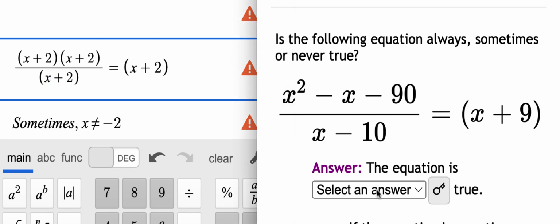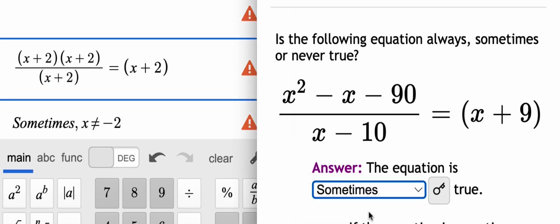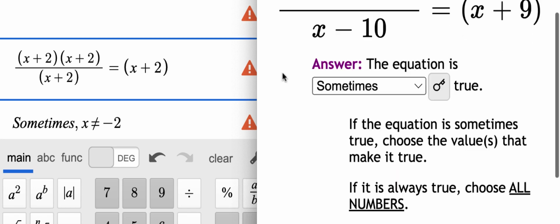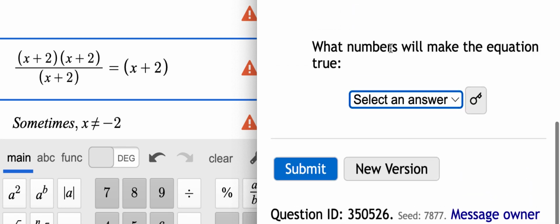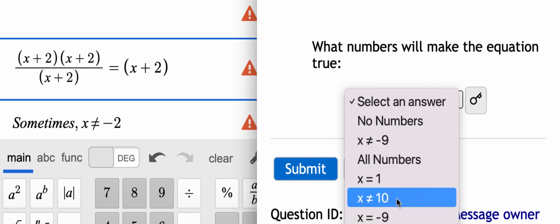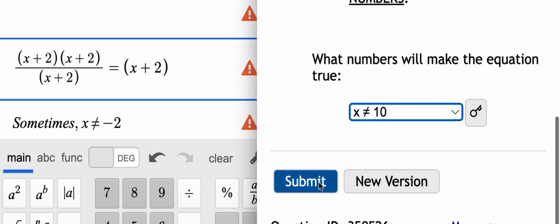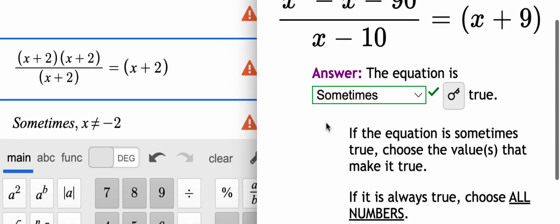So as you look at the choices on this list, I would say that yes, this is going to be sometimes true, only because I have an x in the denominator. Then I have to ask, what is the criteria for x that's going to ruin it or not work mathematically? x cannot equal 10. So you're going to say on this list that x cannot equal 10, and that would be this choice right here. By saying x can't equal 10, that implies that every other number will work. As you submit that, hopefully you get green for both choices.